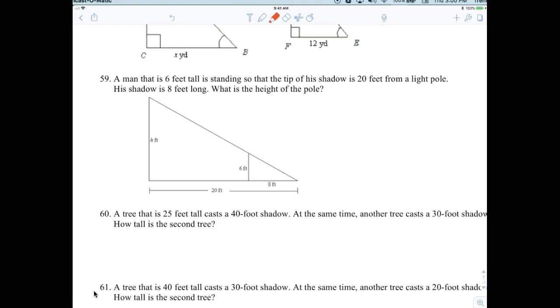All right, so would you put 6 over 20, or wait, 4 over 20? Yeah, no. So 8 over 6 and 20 over 8. Yes, that's one way. All right, I like that.